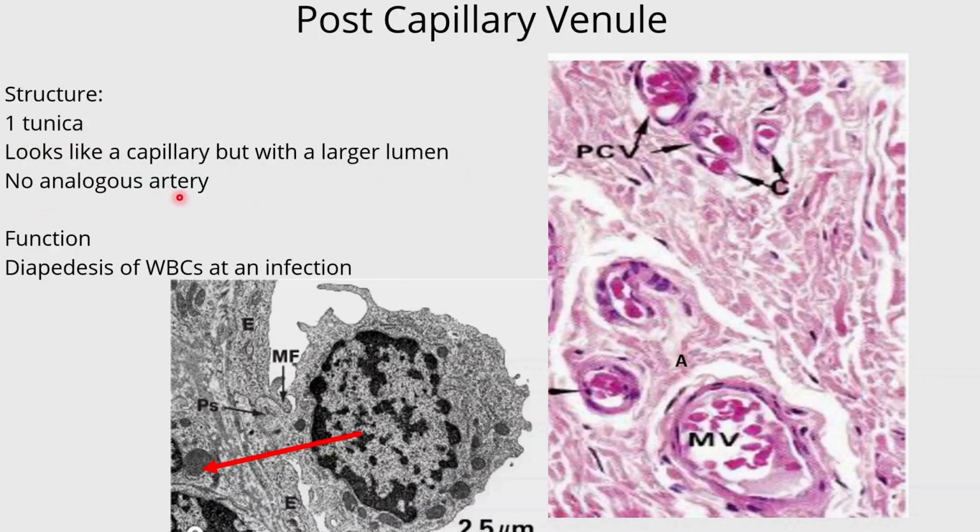It has no analogous artery, meaning that we know that artery and veins have pairs, but there's no pair for the postcapillary venule. And the main function of it is diapedesis of WBCs in an infection. So when we have an infection, we need the white blood cells to come inside our tissues, and it mainly happens in the postcapillary venule.